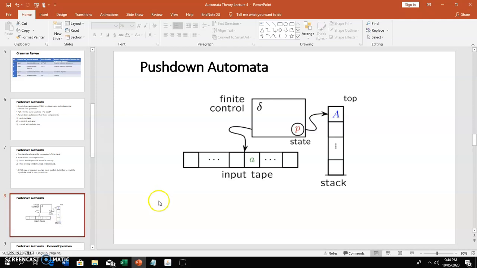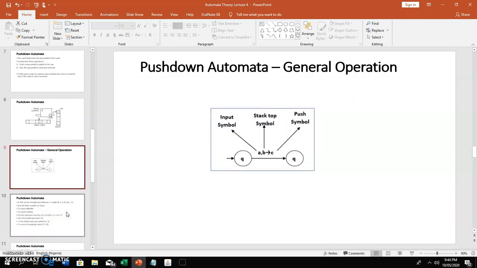So here is an example of a pushdown automaton. This is the input tape, like I told you. This is the control system, which is the normal finite state automaton, and here is the stack. It keeps stacking till it gets to the final state. Now, generally, this is the accepted operation of a pushdown automaton. Let's say this is Q1 and this is Q2, or Q0 going to Q1, either way, you're supposed to have three things on top of it.